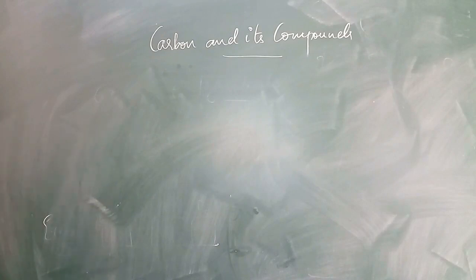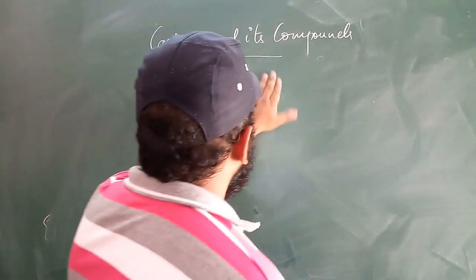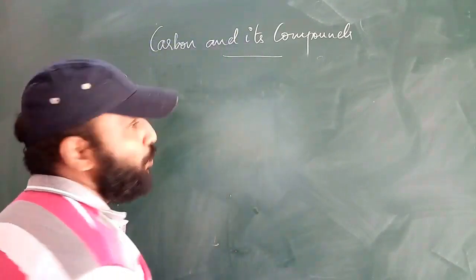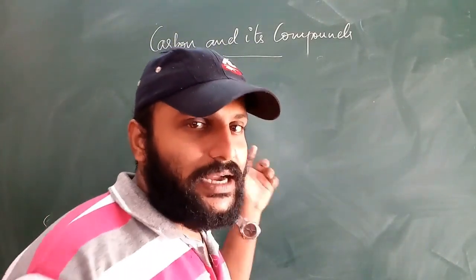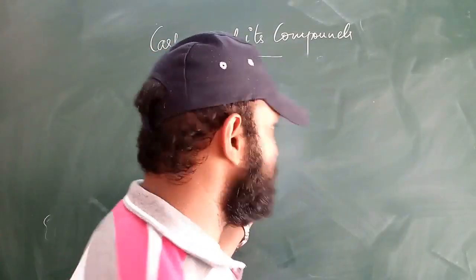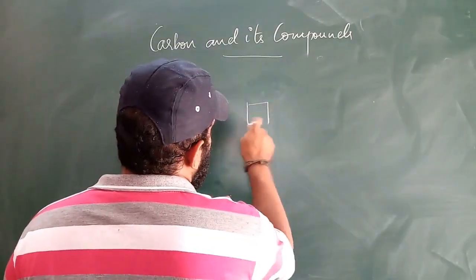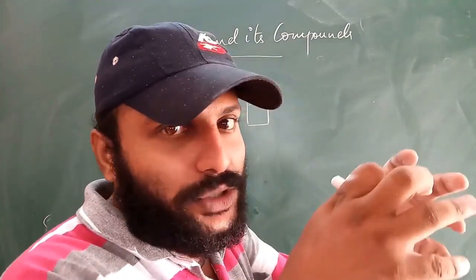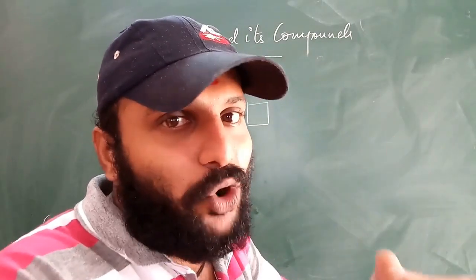Now here, as I said, during the excited state, as I said in the previous class, promotion of an electron takes place. When the atoms come closer during bonding time, some bond energy is liberated.